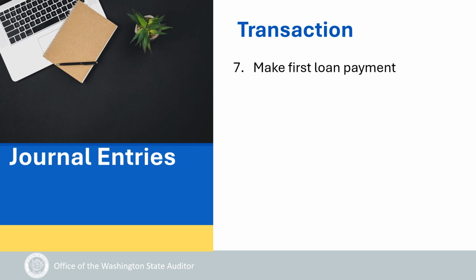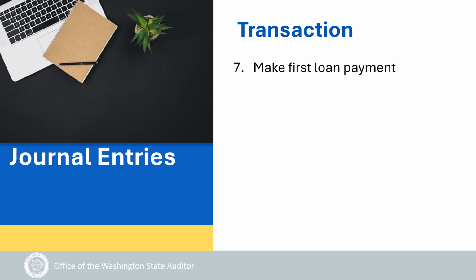That means our loan payable balance will be decreased. Loan payable is a liability account, which has a normal credit balance. So to reduce it, we do the opposite. We need a debit.